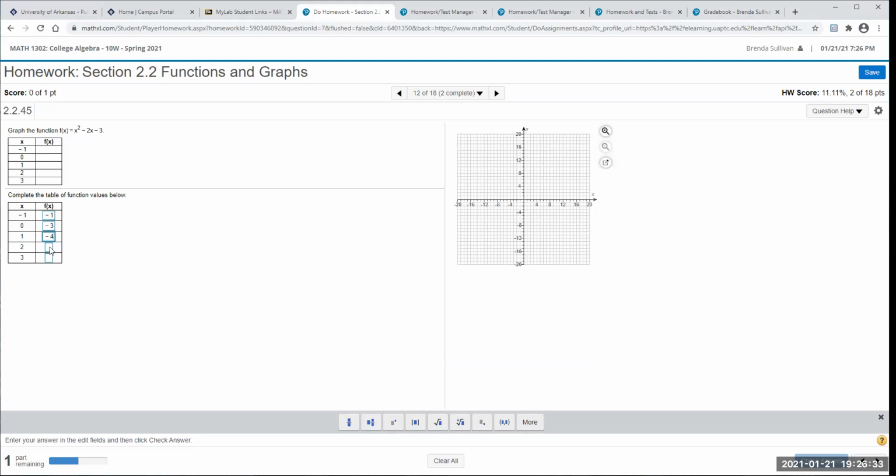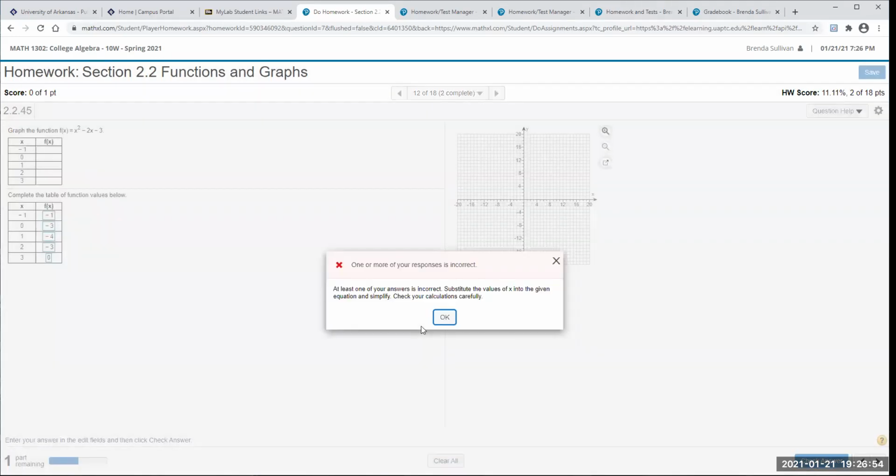That's going to be the very bottom of this. It is going to smile because there's a +1 in front of that x squared. Positive will make it smile. 2, -3, and 3, 0.